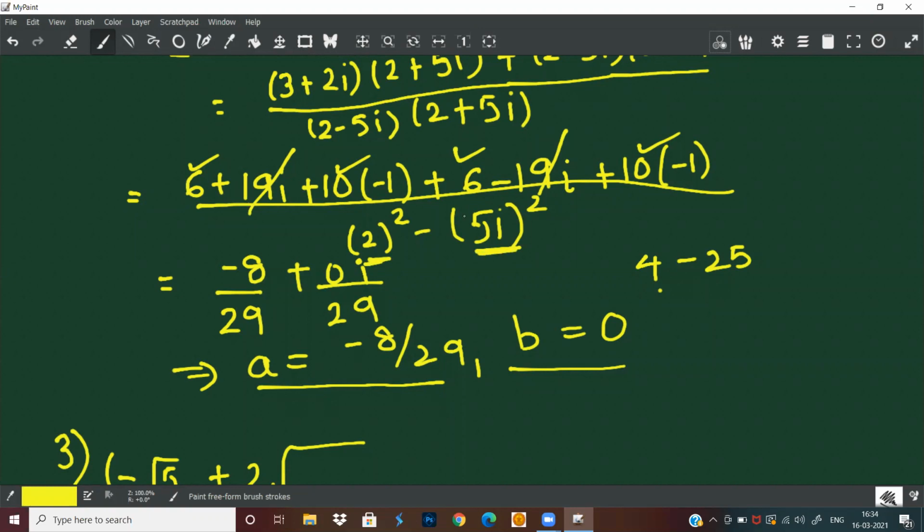So 4 minus minus 25 will give you 4 plus 25, which is 29. Om, are you clear about that? Om? I got 0 in the numerator because 19 got cancelled with minus 19. So 0 by 29 will give me 0. Okay?